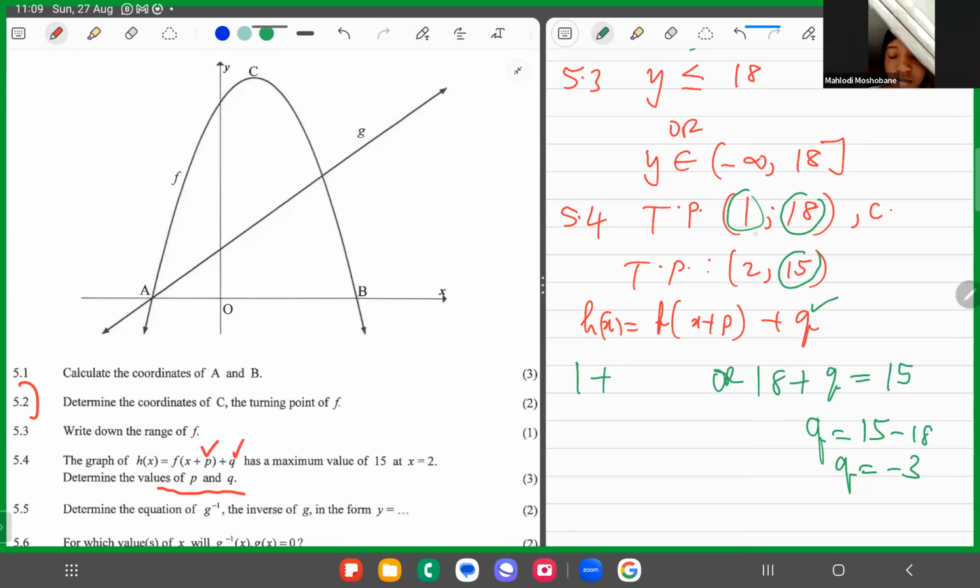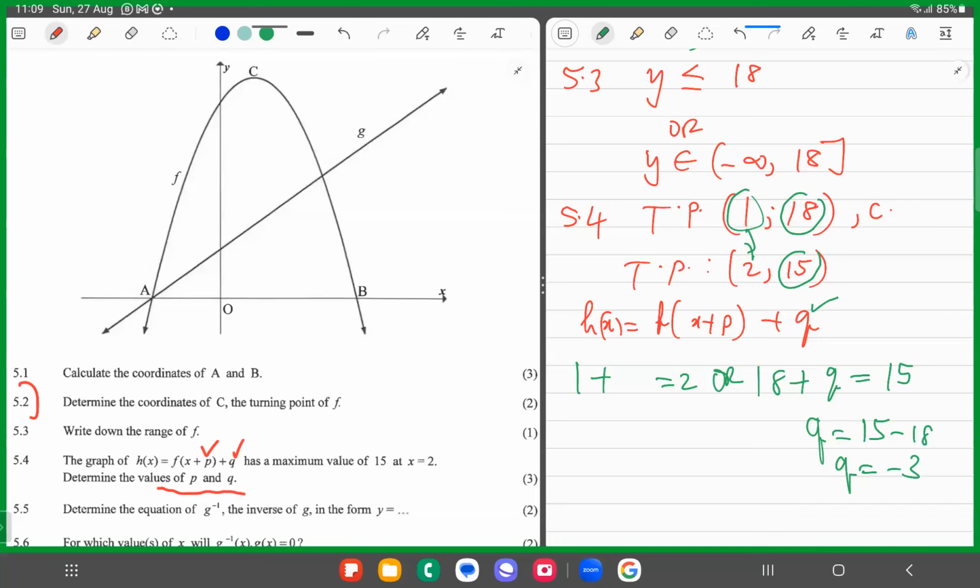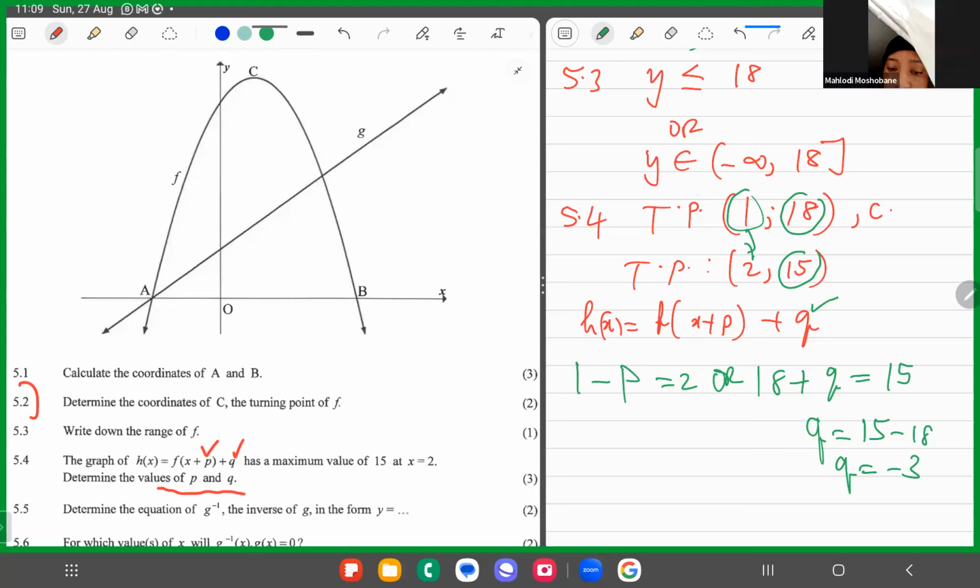You had x equal to 1, and you added something to it, and the result became a 2. What was essentially added there? If you add p, it means that the x is going to be translated differently. So look at the translation. The x is going to be translated some units, in the opposite direction.